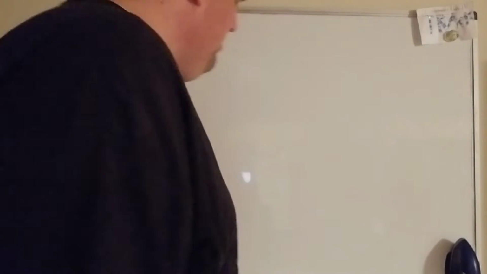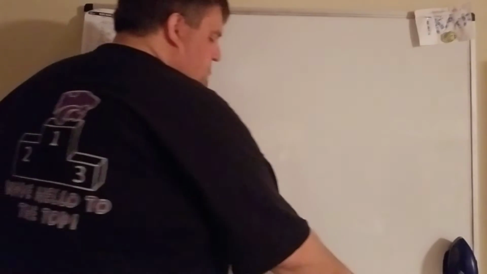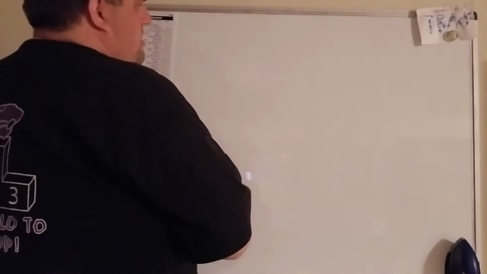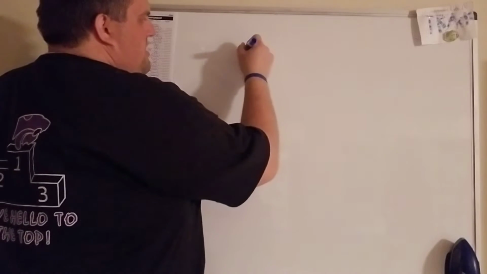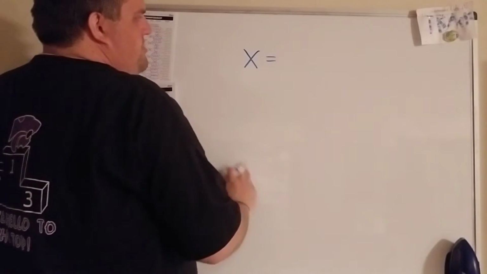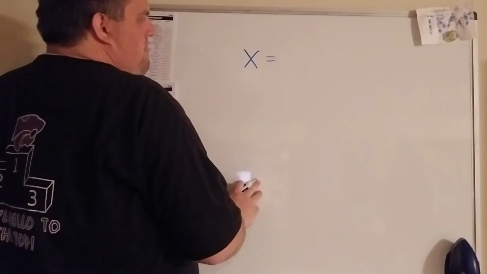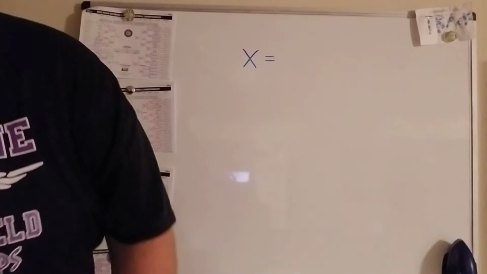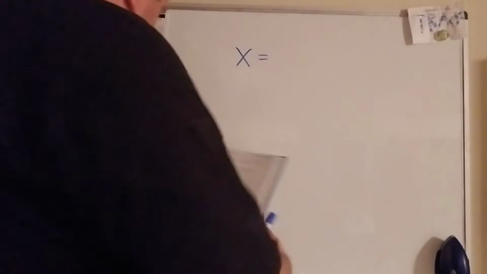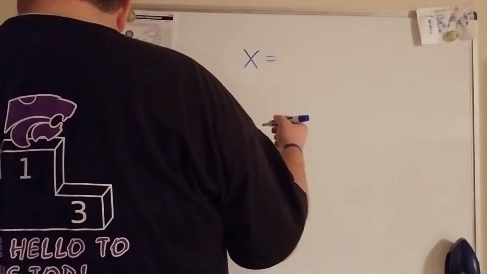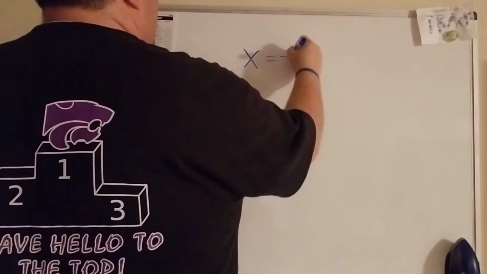Basically, we're going to do the same problems we did yesterday, just backwards. So let's say I give you some solutions. I know the solutions of my function are x equals 1 and -5.